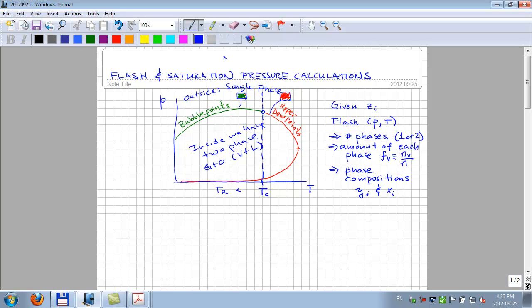That's what we do. And if the temperature in the reservoir is greater than Tc, and say the pressure is over here, then it's called a gas reservoir. Okay.